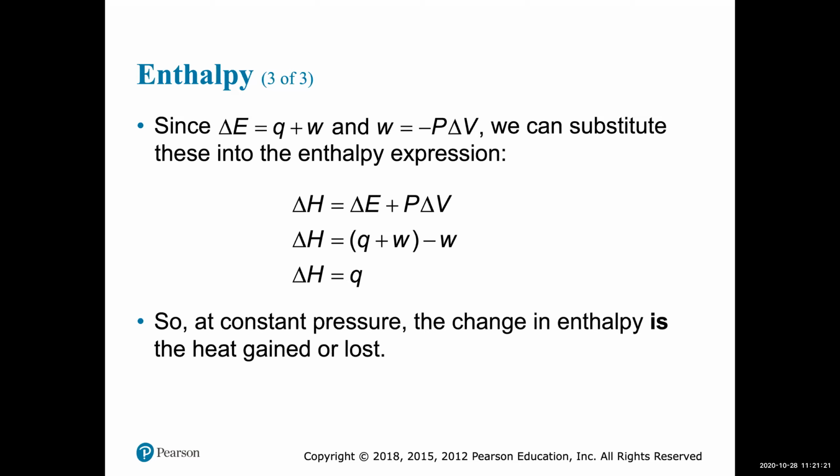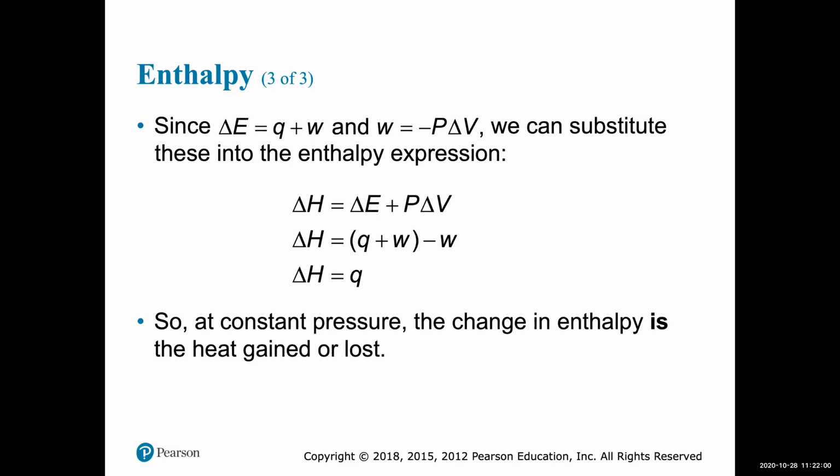So if we substitute that Q plus W for delta E, and then we substitute minus P delta V for work, we see that delta H equals Q plus W minus W. The W's cancel, and we see that delta H equals Q. So if the pressure is constant, and if we're at atmospheric pressure, that's essentially constant pressure, then the change in enthalpy is based simply just the heat gained or lost.